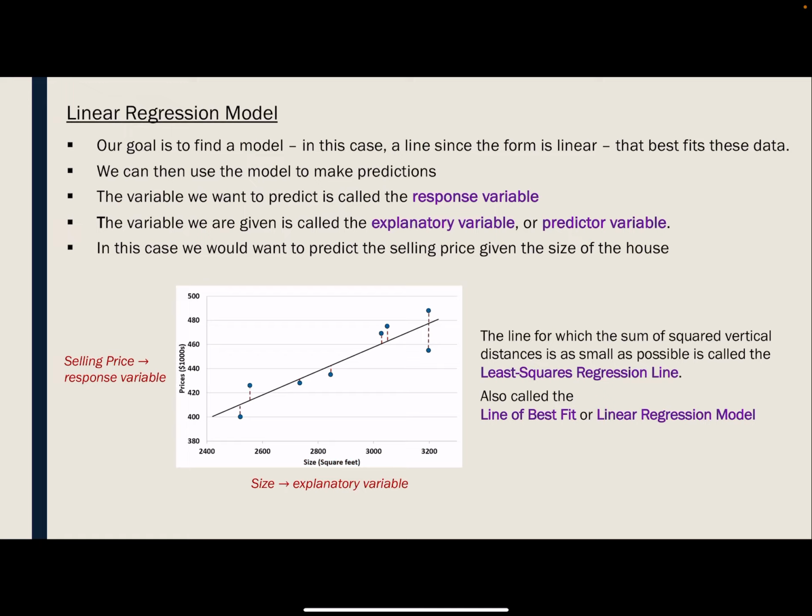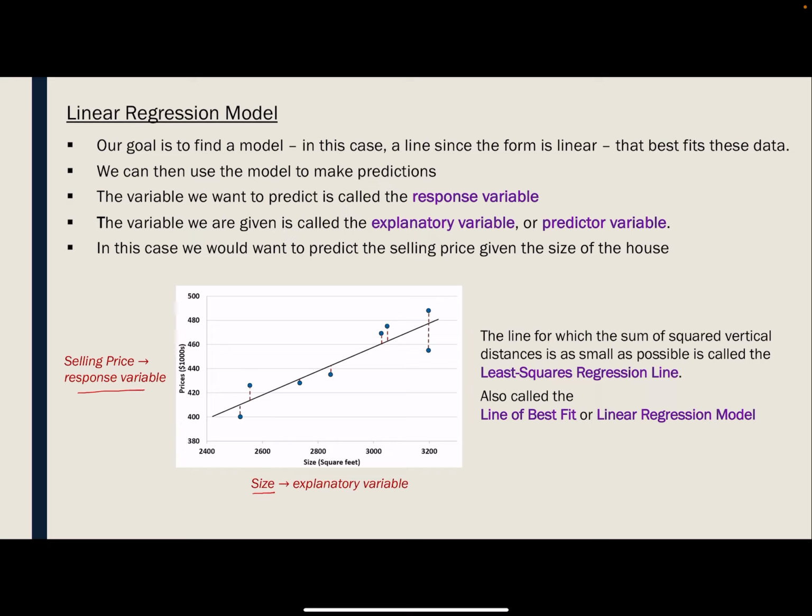The response variable is the variable we're trying to predict, and the explanatory variable is the variable that we're given. So in this case, we would be given the size of the house, so that's our explanatory variable, and it's along the x-axis. And we're using that size to predict the selling price, which is on our y-axis.